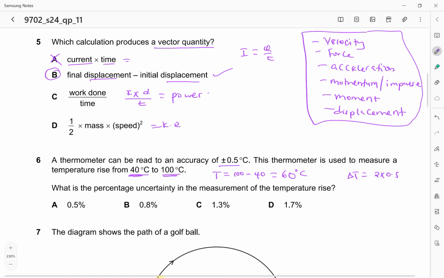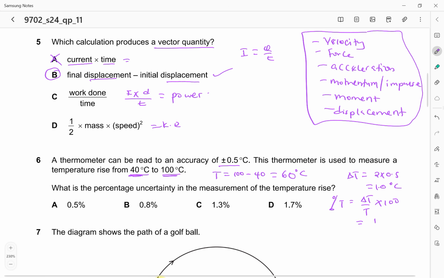this one has an uncertainty of 0.5, and this one also has an uncertainty of 0.5, so they just accumulate. So the absolute uncertainty is 1.0 degrees Celsius. That is the absolute. So we want to find the percentage uncertainty. The percentage uncertainty is the absolute over the rise in temperature, multiplied by 100.